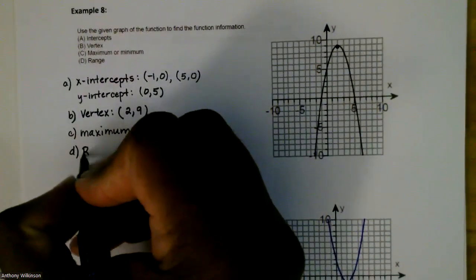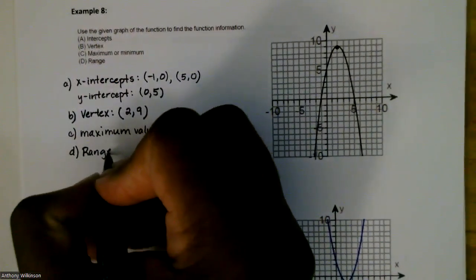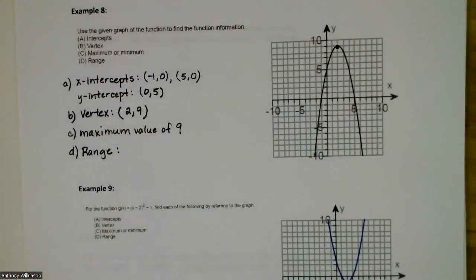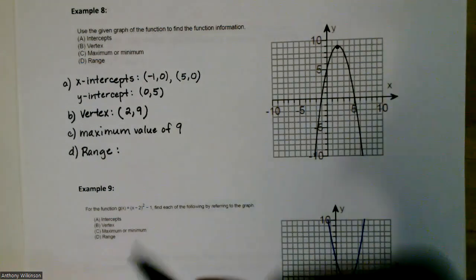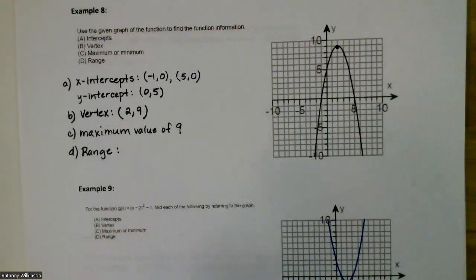The range. In this case here, the range, they want this in interval notation. Now, later on, I'm going to talk about what interval notation is. But if you remember interval notation from college algebra, you would know that it will have to be using infinity, using two values, using parentheses or brackets.